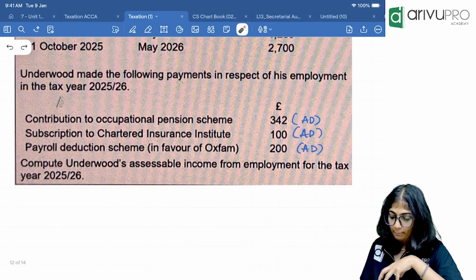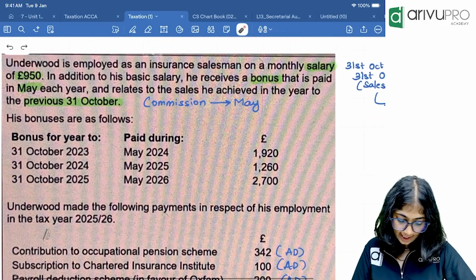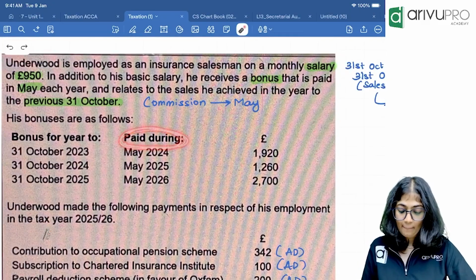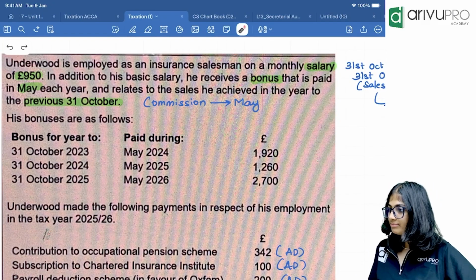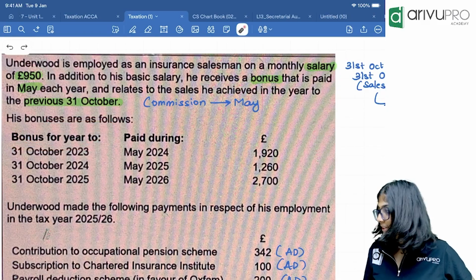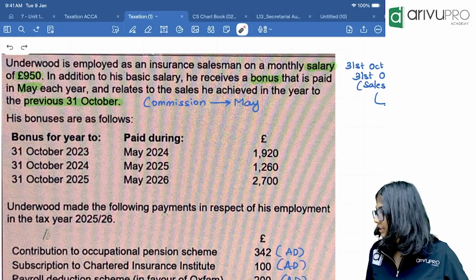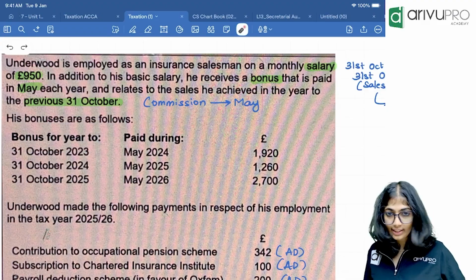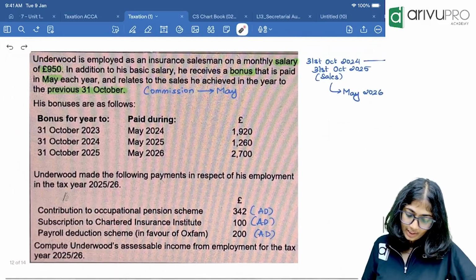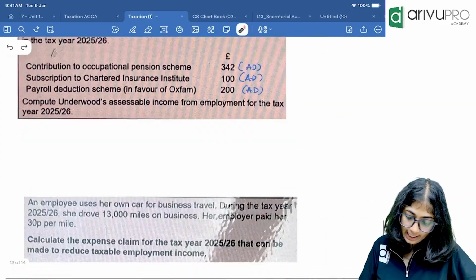Assessable income from employment. We have to choose the time that is paid and when they actually become due. That is one thing we have to remember. Now let's see how we actually calculate it. What is the assessable income? First of all, let's look at each of the things we highlighted.